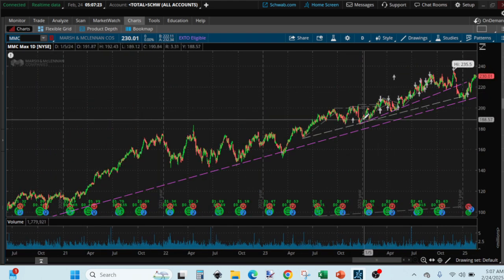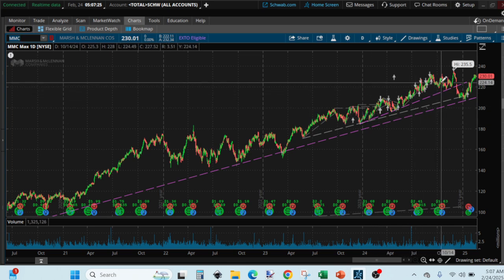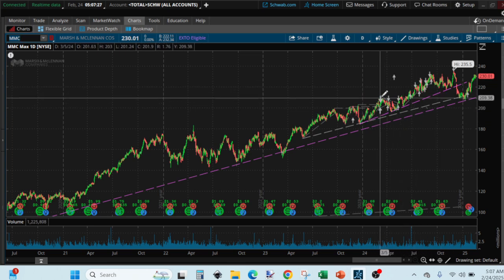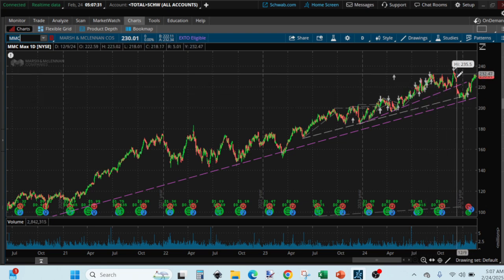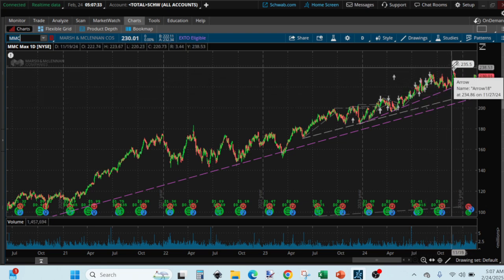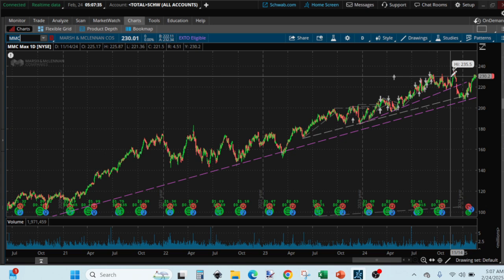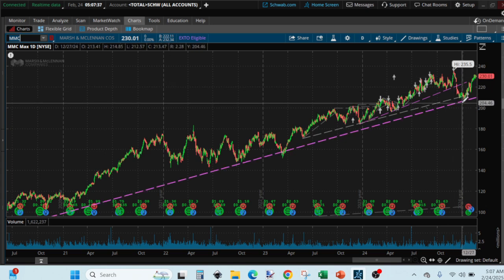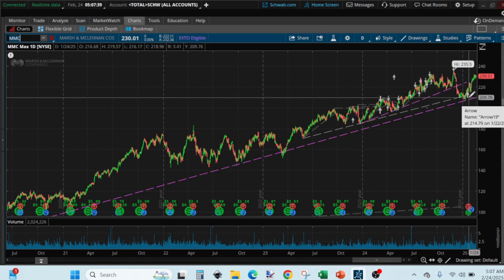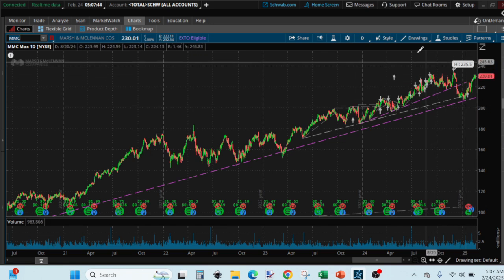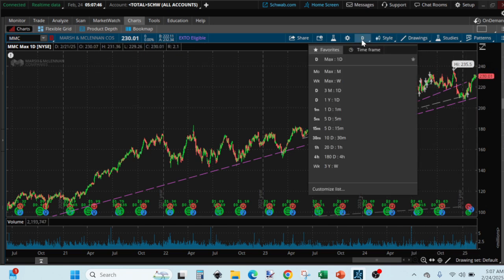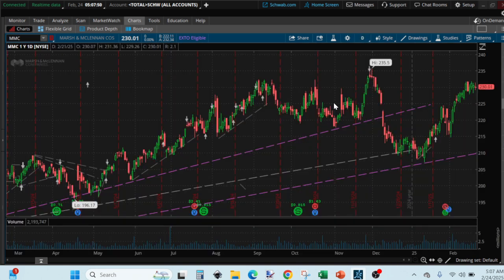In fact, we traded it in 2024 as well using the short option swing trading strategy, and it reached that new high when we sold it last, pulled back to this trend line and started going up, and we bought it, and it's been going up from there. So let's get closer to see what it's doing. But let's go to the 1 year daily chart to see bigger bars.